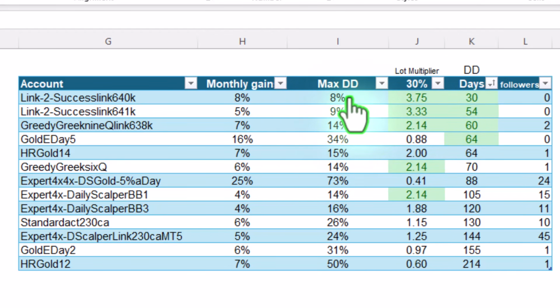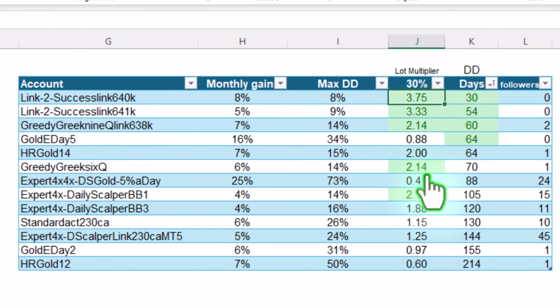Because the drawdown is low, 8%, and you're prepared to have a 30% drawdown, this calculation here, and I'll go through the calculation, calculates that you can use a lot size multiplier. In other words, if the trader's using one lot, you can in fact trade 3.75 lots. That's what the lot size multiplier calculation does. It says you will still be within your 30% drawdown tolerance.